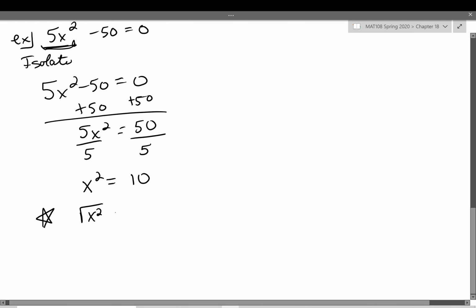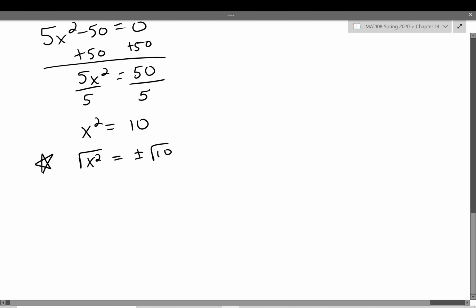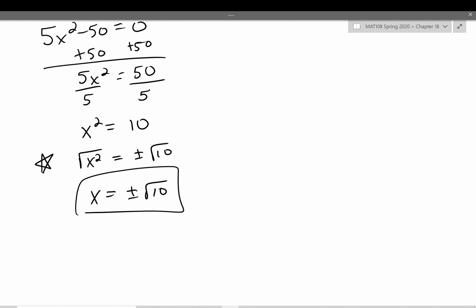So I take the square root of x squared equals plus or minus the square root of 10. On the left side, the square root of x squared is x. And on the right side, I get plus or minus the square root of 10. All right. So I hope that makes sense for you. I hope that helps you out.